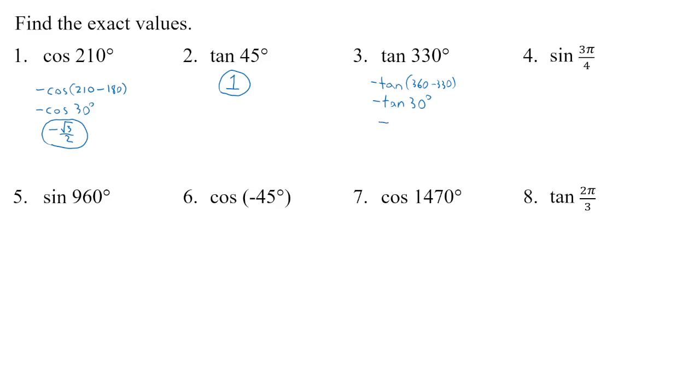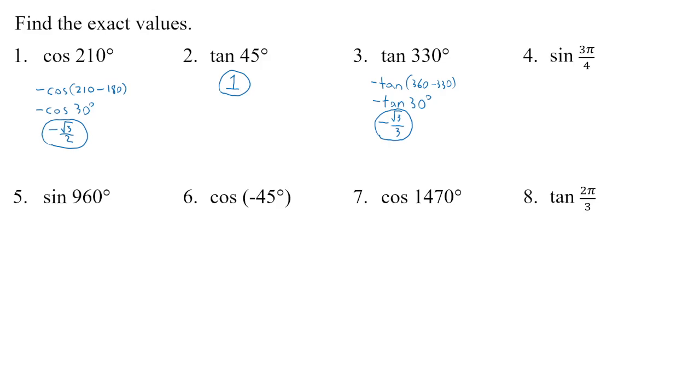And therefore, negative tangent of 30 will be negative square root of 3 over 3. And again, that square root of 3 over 3 comes from the values we found from those two special right triangles.